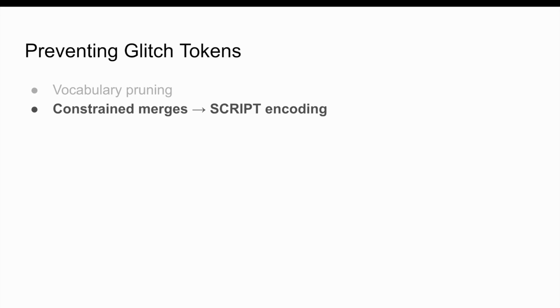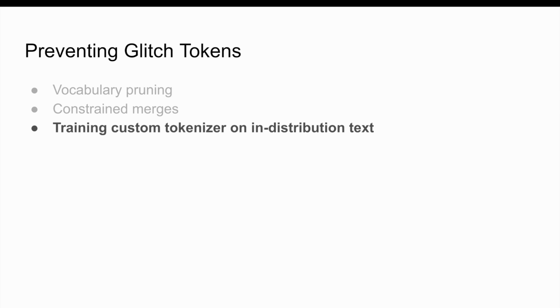And now, in the last few minutes here, I'm going to introduce a secret third thing that you can do to prevent glitch tokens, which is just to train a custom tokenizer on in-distribution text. Because these other methods that I've mentioned are still works in progress, not quite ready to train language models on.